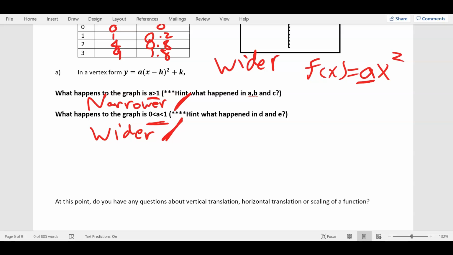Instead of saying narrower, in math we don't say that. What direction is this? Up and down is what? Vertical stretch. We don't say narrower in math, or at least the test doesn't say it that way. It's going to say vertical stretch. Write that down for narrower.